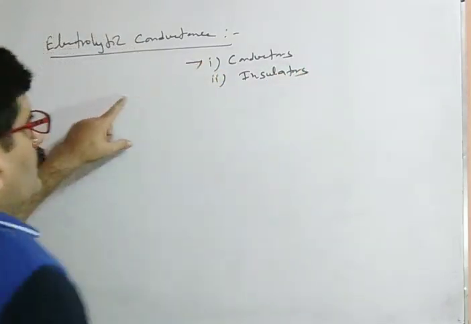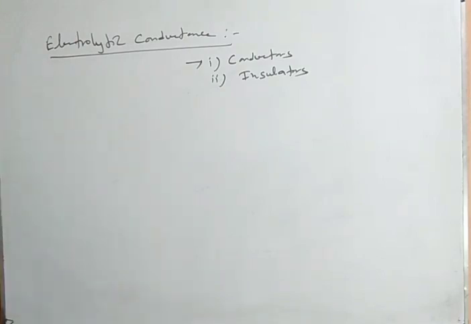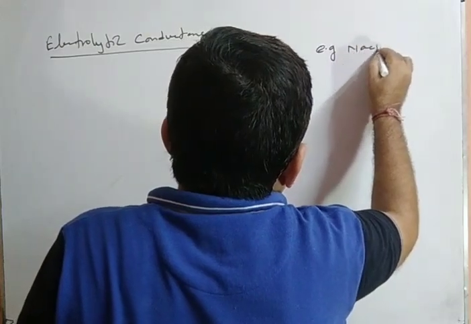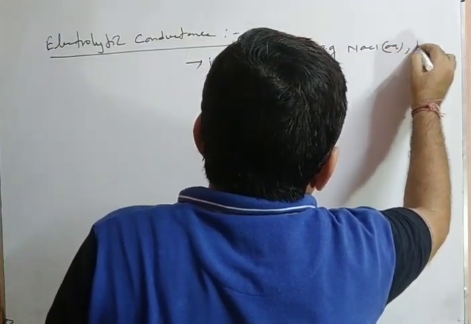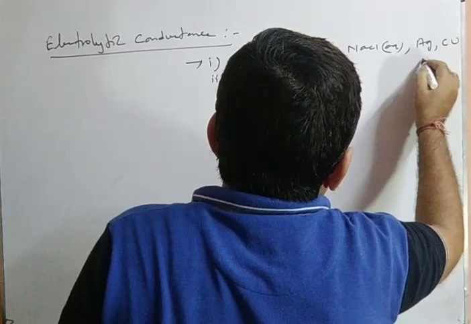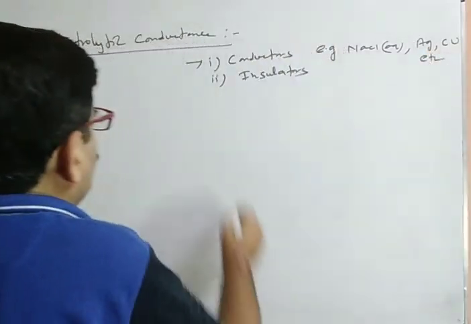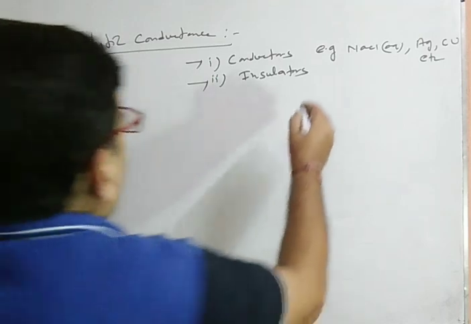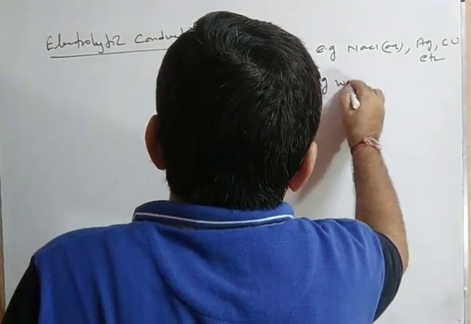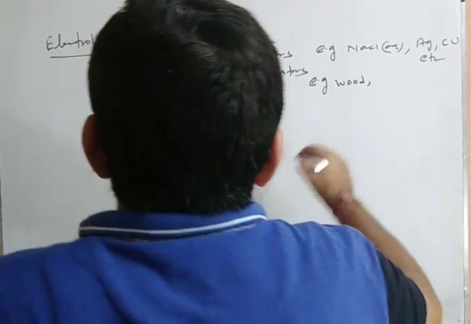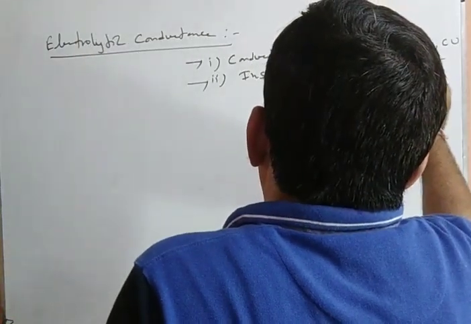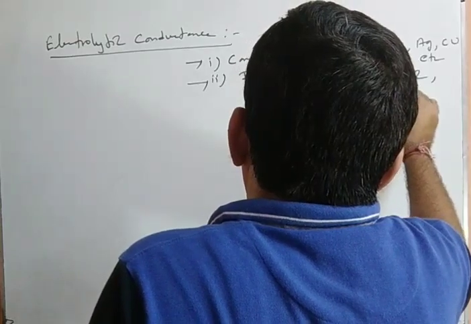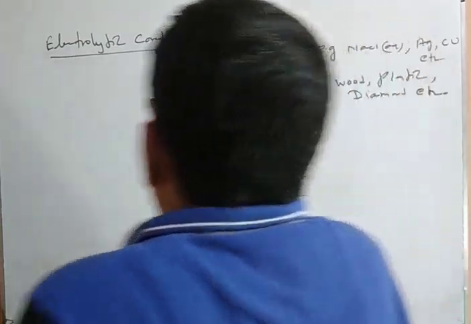Conductor means a good conductor of electricity, for example NaCl aqueous, silver, copper, etc. Insulator means a bad conductor of electricity. For example, you consider wood, plastic, diamond, etc.